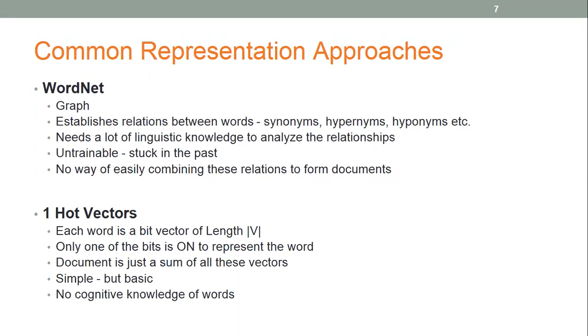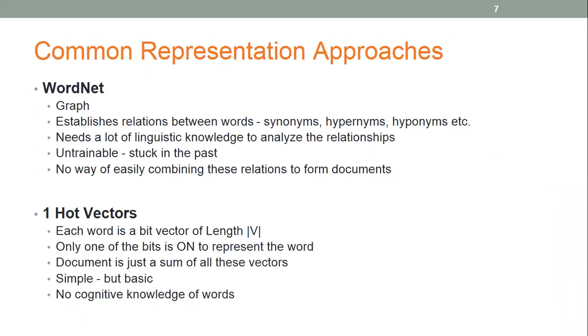Combining these one-hot vectors to create a document is easy. This is a very basic representation, but it doesn't have any cognitive knowledge of the words. It is just a list of vectors, and they don't relate to each other in any way.